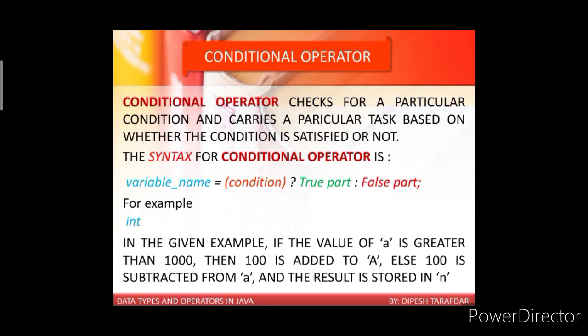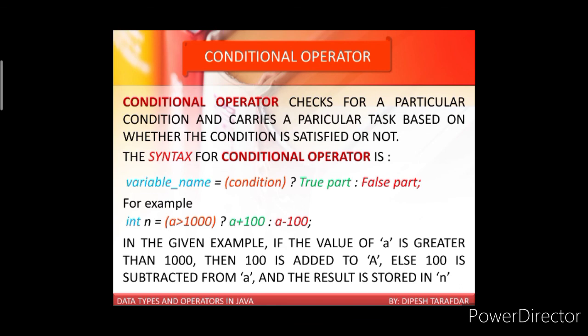Now we'll see an example. Int n is equal to a greater than 1000, then question mark, a plus is equal to 100, a minus is equal to 100. So what we see over here is the condition: we are checking whether the value of a is greater than 1000. If a is greater than 1000, 100 will be added to a, which is the true part of it.